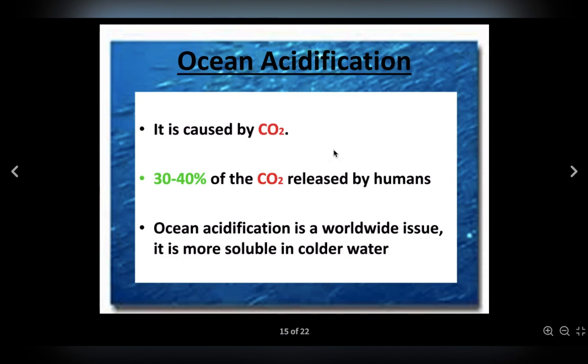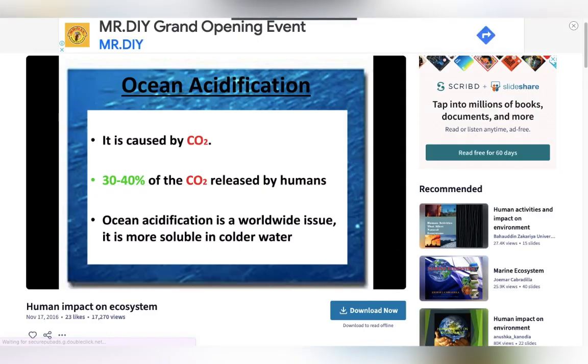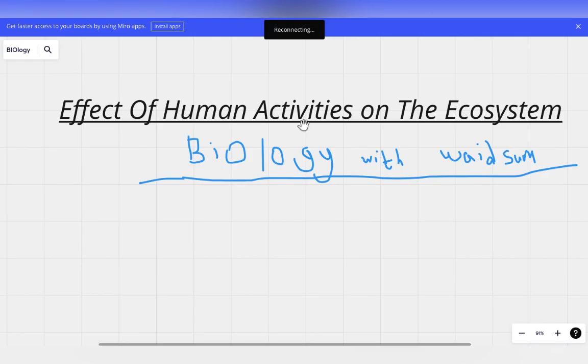You remember, if you write water reacting with CO2, you have carbonic acid. Okay?